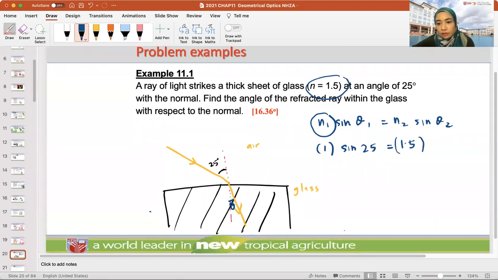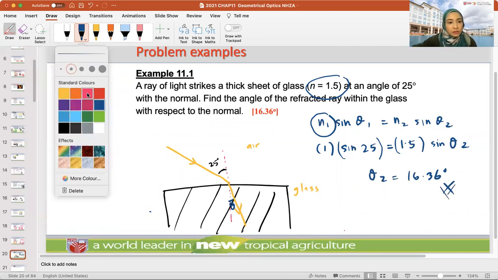We are trying to find the angle in medium 2. Just use your calculator and you would find that theta 2 is 16.36. So this is your answer.